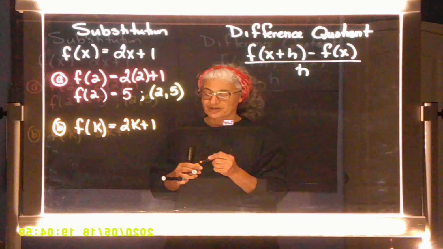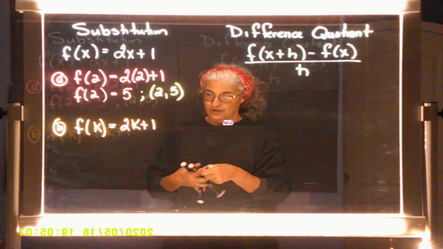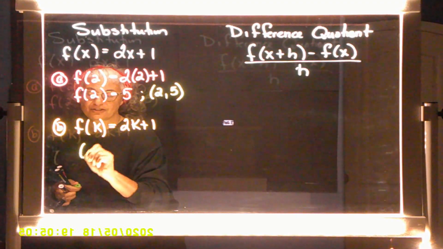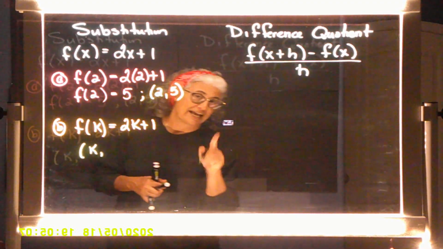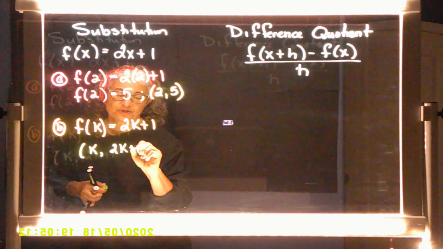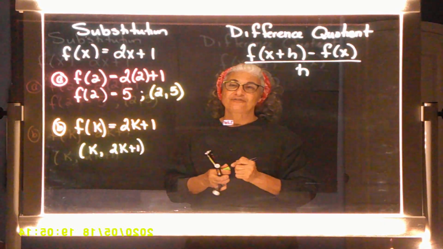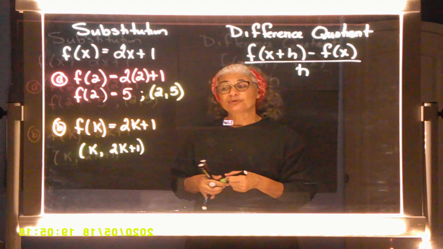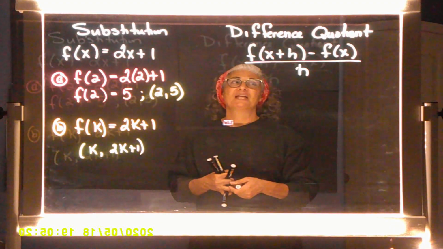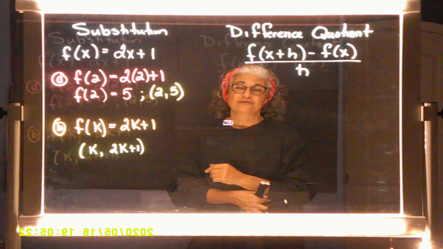Actually, you can still write a point. Your point would look like the input, which was, good, k, and then the output, which was, yep, 2k plus 1. That one looks a little funny, but that's what you would write if they wanted you to write a point. Cool?